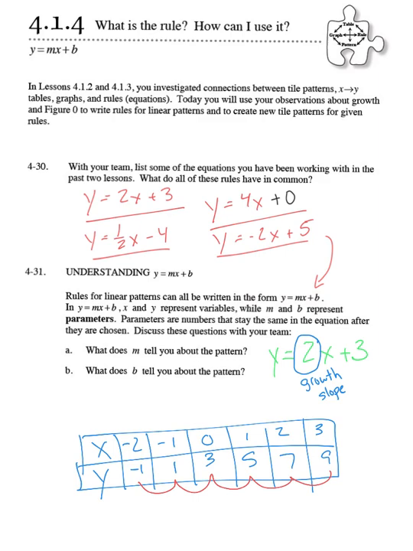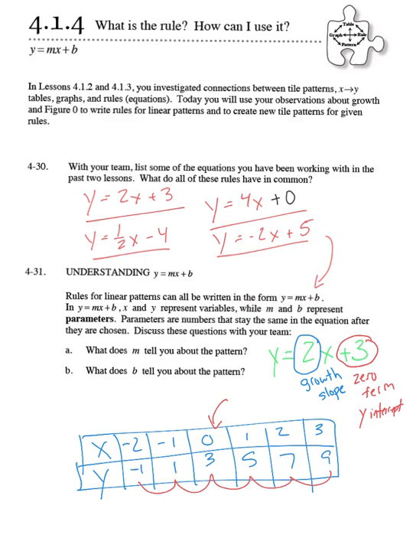The other thing it's asking you about is, what does the b tell you? Well, the b is this right here. And the b is just your 0 term. Or if x equals 0, what is y? It's also known as the y-intercept.